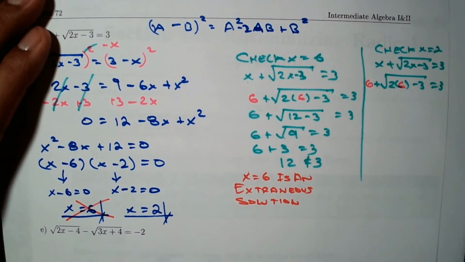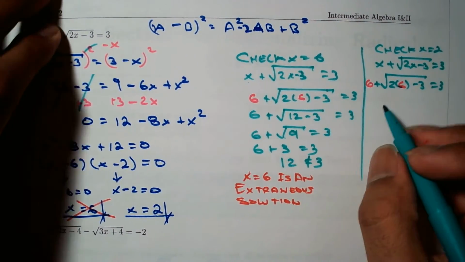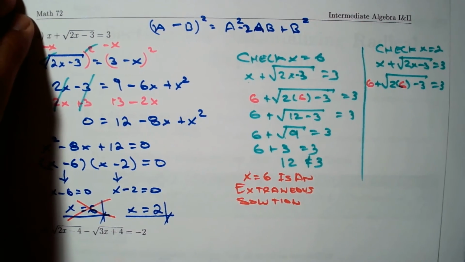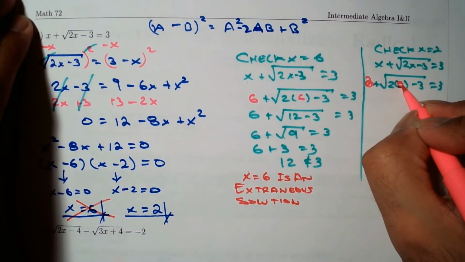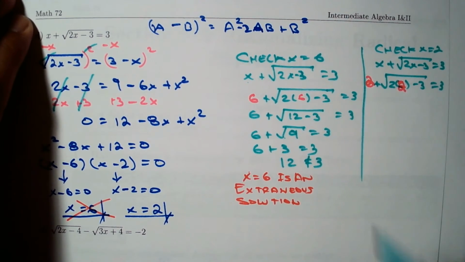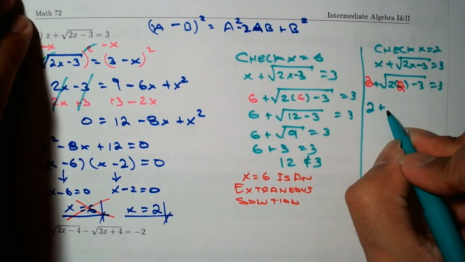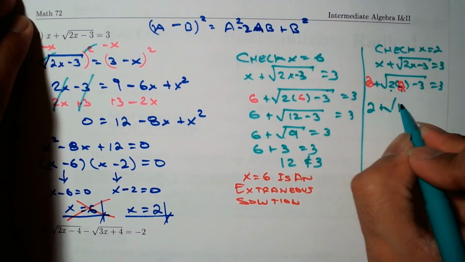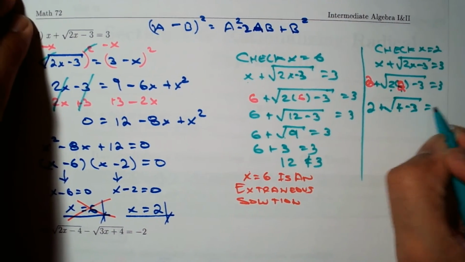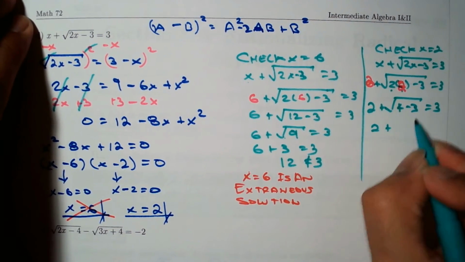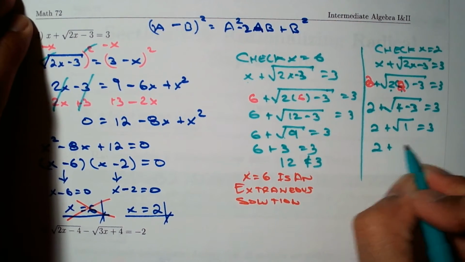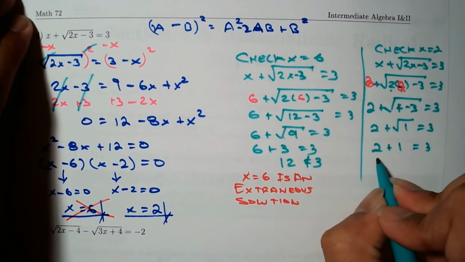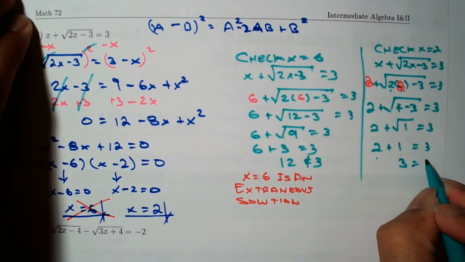Let's plug it in and simplify. 2 plus the square root of 2 times 2, which is 4, minus 3, equals 3. 2 plus the square root of 1 equals 3, and the square root of 1 is 1. And 2 plus 1 equals 3, which equals 3.